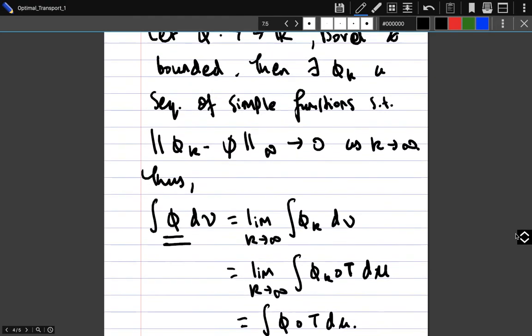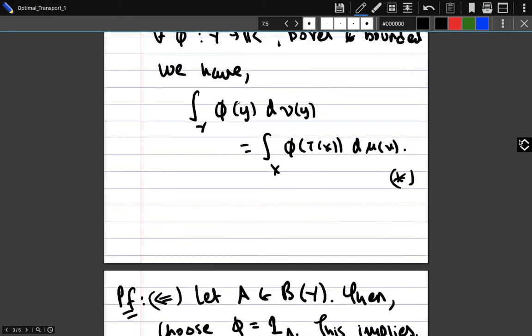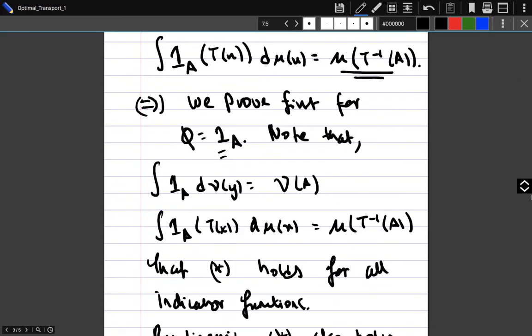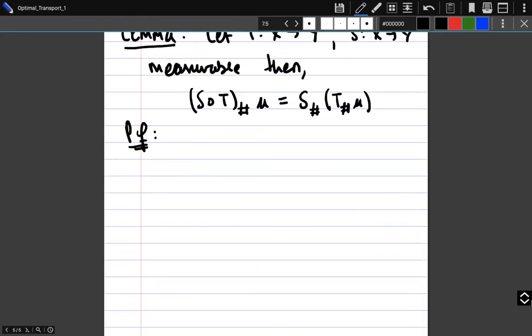So just recall this lemma that we have here. We want to show this measure is equal to this measure, and the way we do that is when we integrate any Borel and bounded function with respect to that measure, we show that it's just the composition, and that's the idea that we'll keep in mind to prove this.